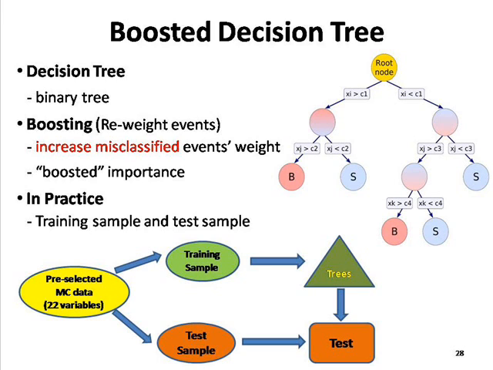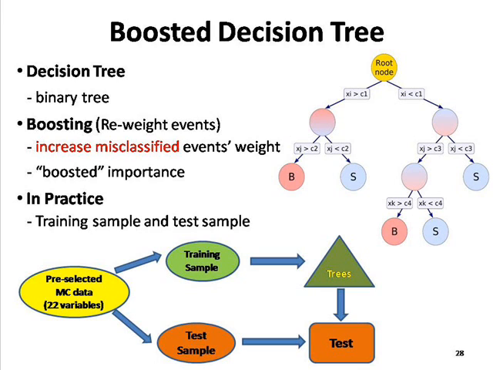That's basically how the binary tree works. If you apply this binary tree directly to our analysis, you will find it's not effective at all, because it's pretty much similar to the straight cut. Sometimes it's even worse. So what we want to do is the boosting.